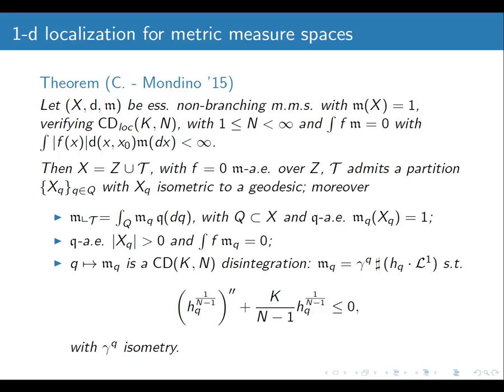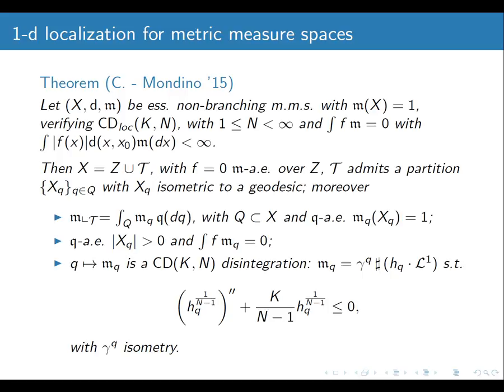So what we prove is that, again, if we have a metric measure space that verifies the local curvature dimension condition and is non-branching, if you start from a function with 0 mean, with some assumption on the growth of f, then I can decompose my whole space X as Z union T, where over Z the function is almost everywhere 0, and this capital T will be a kind of transport set, let me say, and this capital T will be partitioned in this family of one-dimensional spaces.